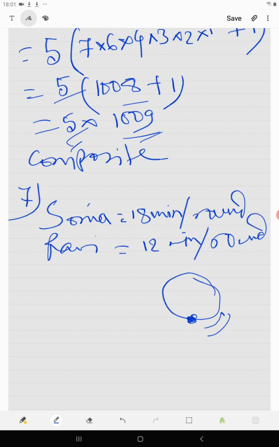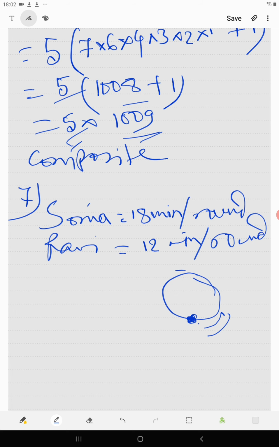As you can see, Ravi is faster, right? So they will leave each other. Ravi is faster, so he will go faster. Sonia will be a little bit behind. Now when will they meet again at the starting point?